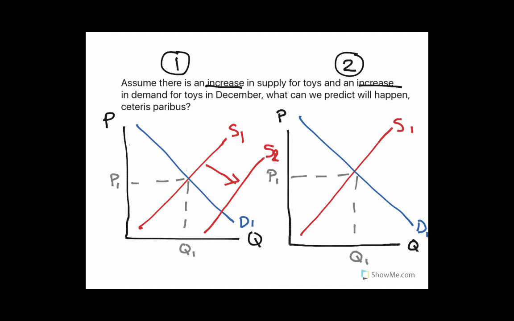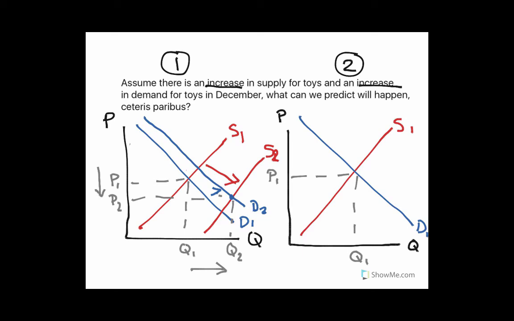Now we're going to do the increase in demand, but only a small increase. So here's the new demand curve, and it also shifts to the right since it is an increase, making the new equilibrium quantity 2 and price 2. So in this scenario, quantity increased, but price decreased.